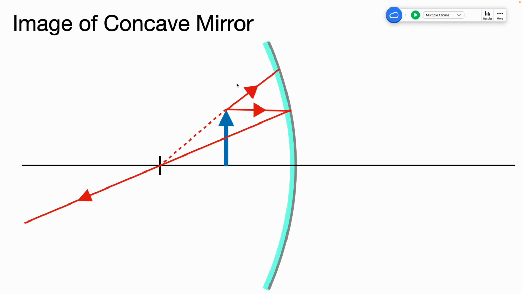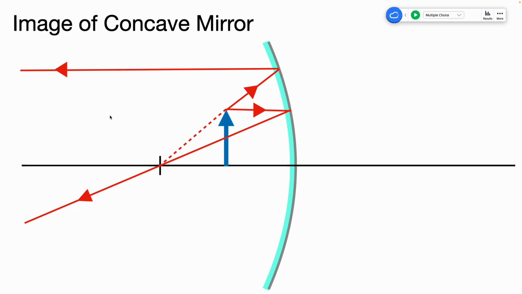Because the direction of the second ray is the same as if it actually passed through the focal point, it will be reflected such that it will be parallel to the optical axis. Okay? So this trick is to draw some dotted line, and if the dotted line passes through the focal point, then the line following the direction will be the same as if it actually passed through the focal point.